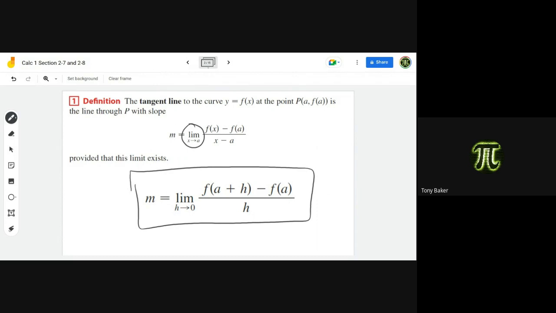And if you look at the slope equation, that means as the change in the point that I want gets closer and closer to 0. Now remember, I can't divide by 0. So we might have to do some manipulation and algebra to be able to simplify the problem down to find what that answer actually is.